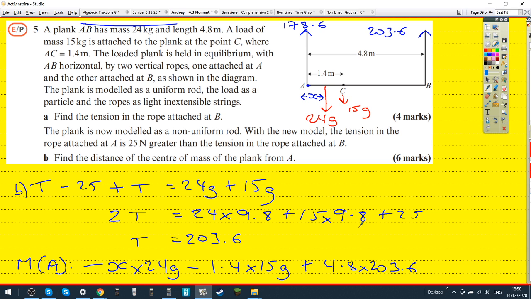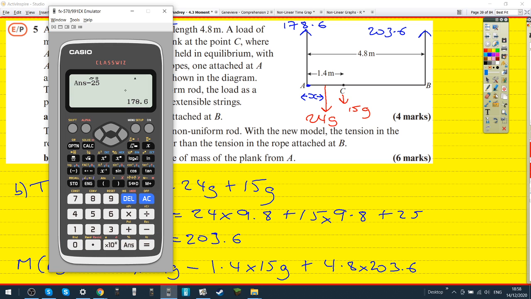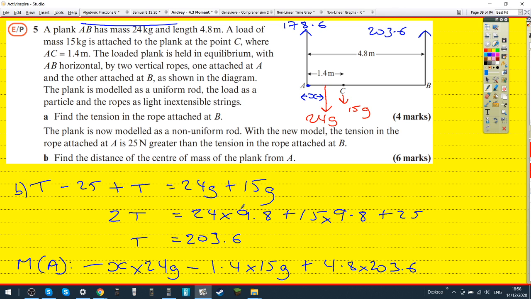Yep. Yeah. And then now, and what do you do? We're trying to solve for x. Yeah.